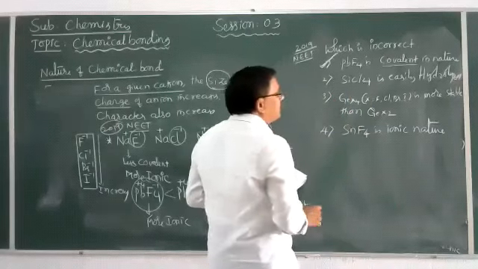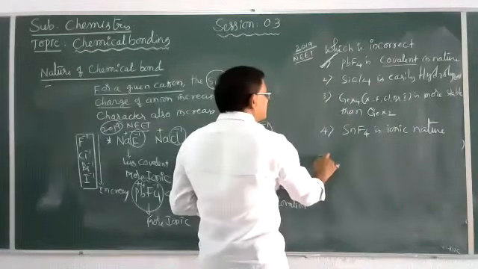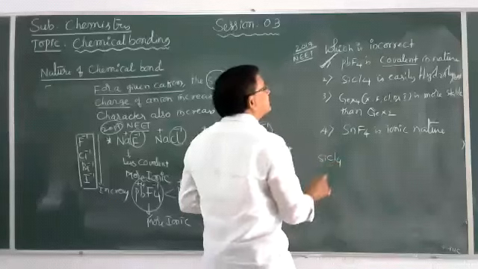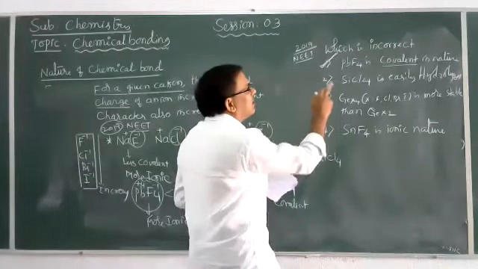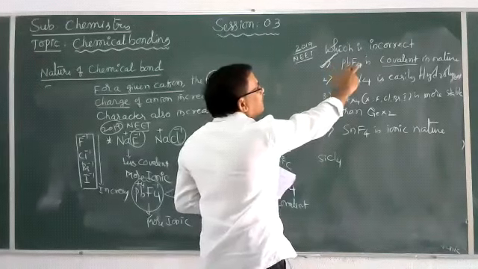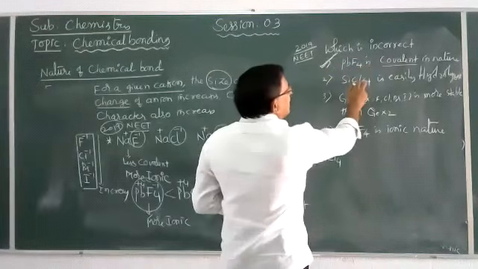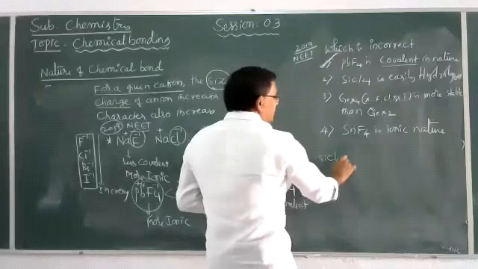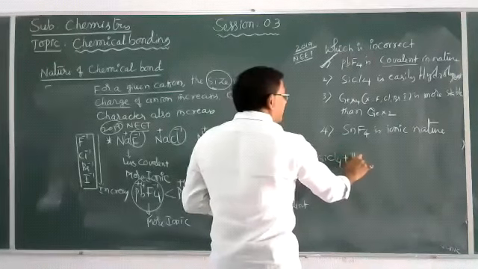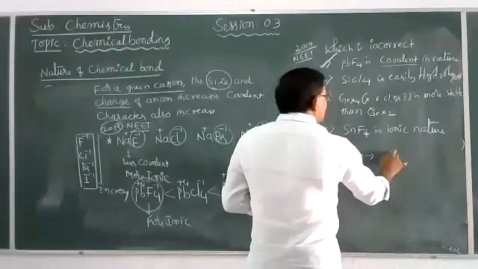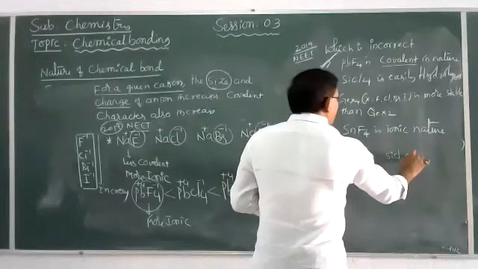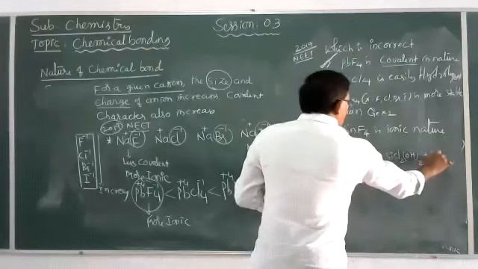Then the second option in this question: SiCl4 is easily hydrolyzed. It is not a wrong answer, it is a correct statement, because SiCl4 reacts with water and easily hydrolyzes. It forms Si(Cl)2(OH)2 plus 2HCl.